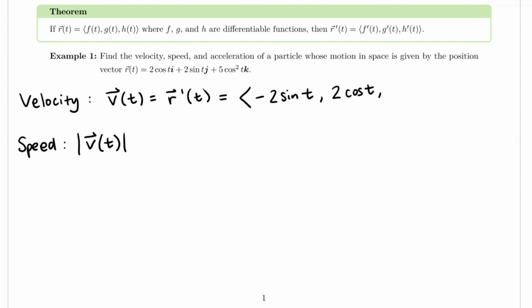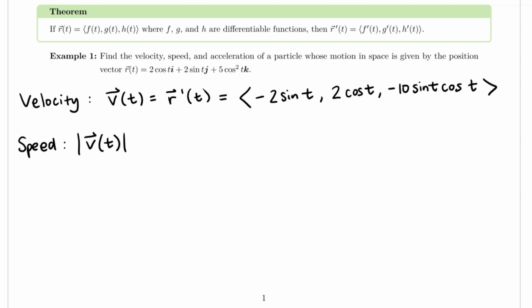And for the last component, I'm going to need to use chain rule. So I'm going to bring the power down. That gives us 10 cosine of t. And then I need to multiply by the derivative of the inner function cosine. So that would be negative sine of t. And I'm just going to rewrite that.